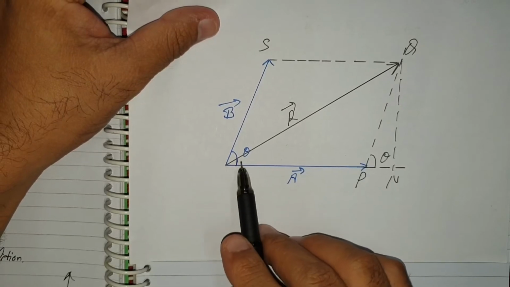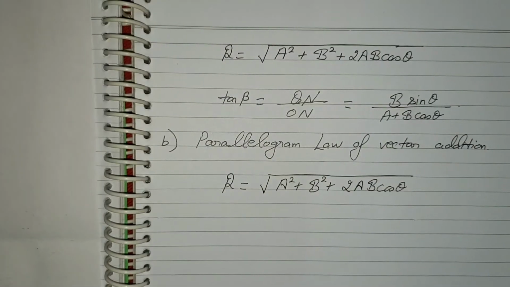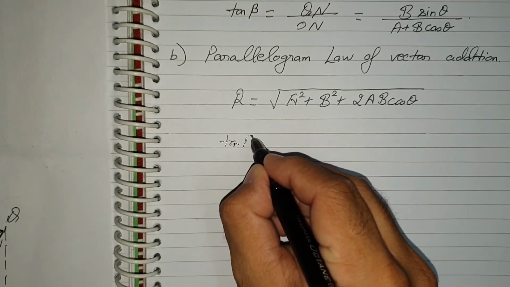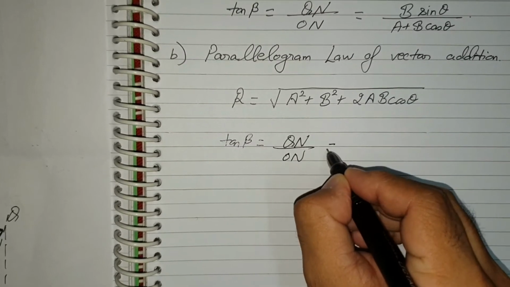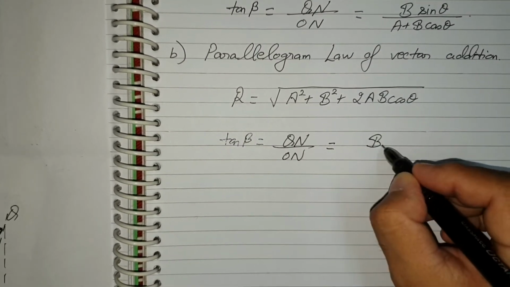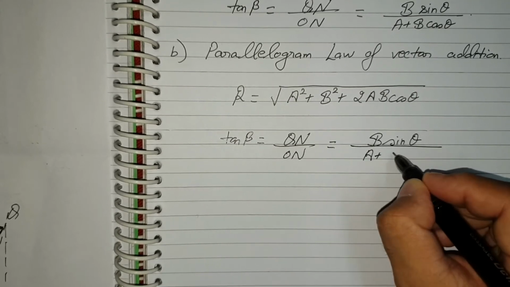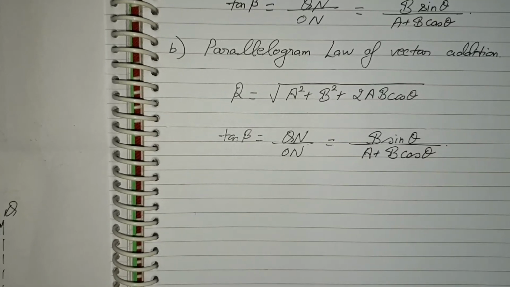And tan beta is again the same as the previous one, QN by ON, equal to B sin theta upon A plus B cos theta.